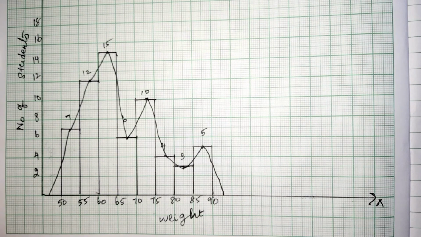This is the frequency curve. First you have to draw a histogram and then you have to mark all the midpoints. Then connect all the midpoints. You will get a frequency curve.